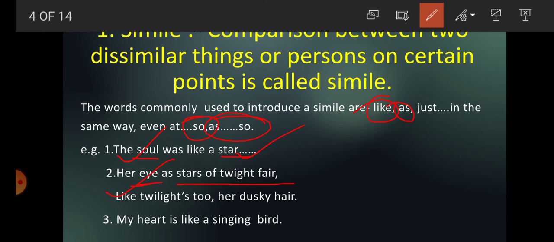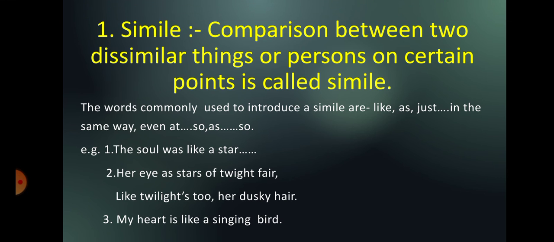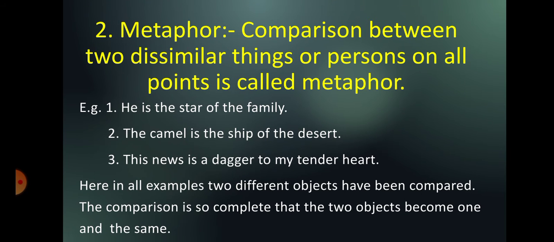Third example, students: heart is again the part of the body and bird is an animal. So here two different things, human body and animal, are compared. Why are they compared here, students? Because they are different but they are similar in certain point. So what is it? It is simile.